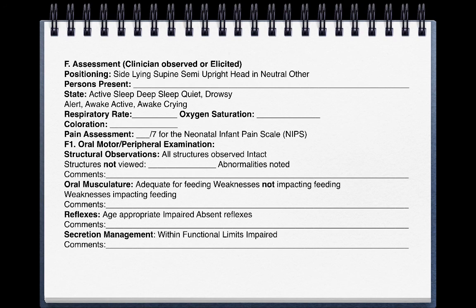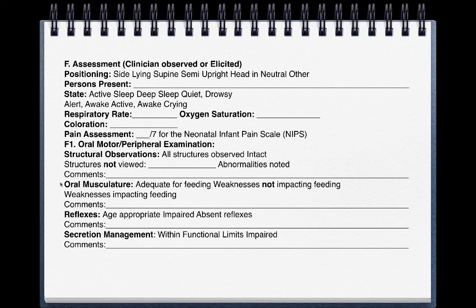In the actual assessment, you're going to note all of the same kinds of things that you typically might. If we look here at F1, you'll see that you do an oral peripheral exam, and you're used to that, although not typically in infants who are newborns.